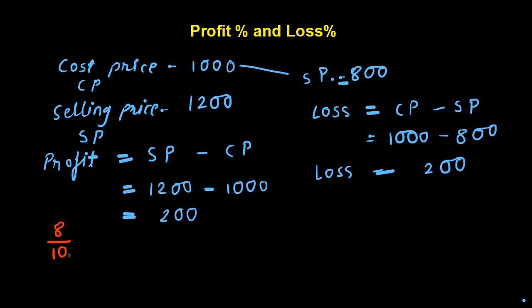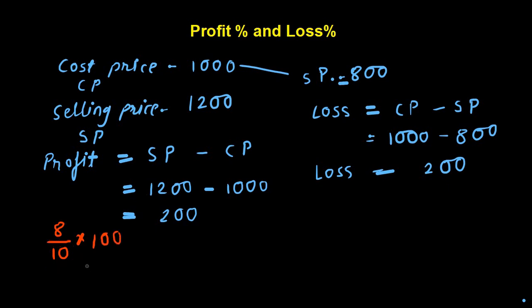We write 8 out of 10 times 100. That's how you find percentage: the marks received, divided by total marks, and then multiplied by 100.